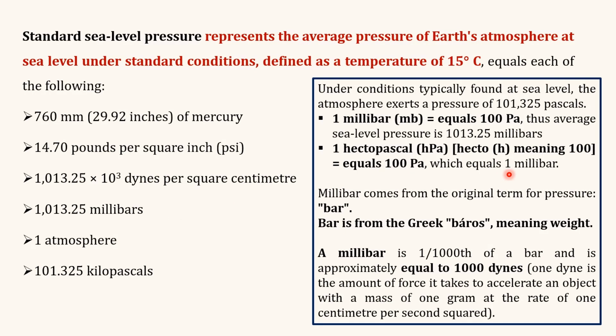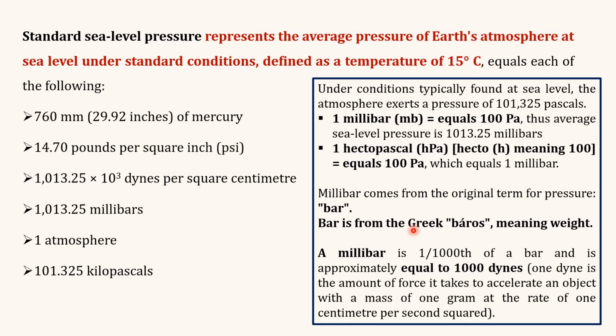So the value of standard sea level pressure in terms of millibar and hectopascal will be the same. That will be 1013.25 millibar or 1013.25 hectopascal. Now 1 kilopascal means 1000 pascal. So the same value is written here as 101.325 kilopascal.